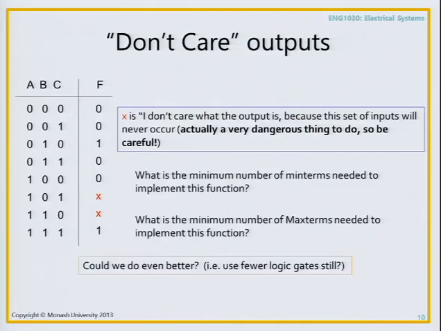Okay, so just before we get into that, I just want to introduce another set of outputs that are possible. Right now all we've talked about is that for a particular circuit, its output is a 0 or a 1. But in fact, when you design a circuit, sometimes some of these inputs may never occur. So let's say you design a circuit that takes in 10 digits, but you're using 4 bits.